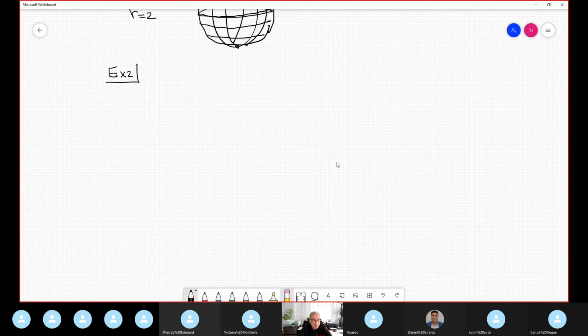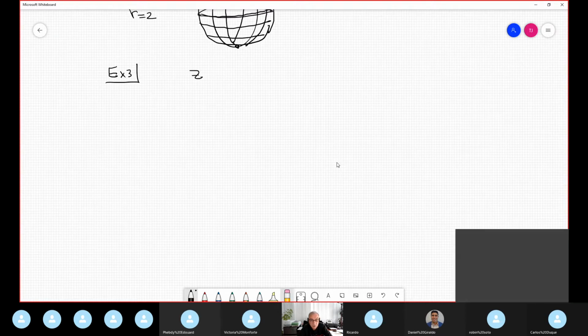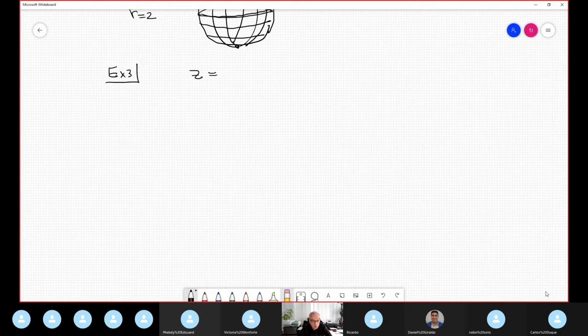Example 3. It's the famous z equal 4 minus x squared minus y squared. It's a paraboloid in 3D, the famous paraboloid.